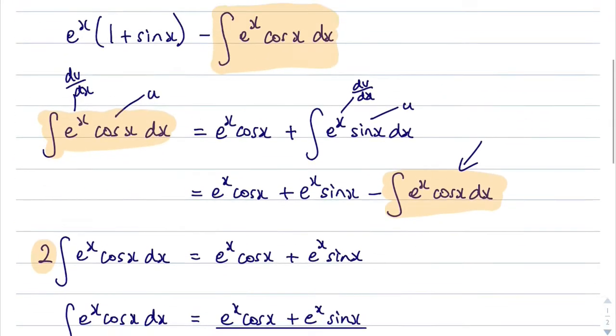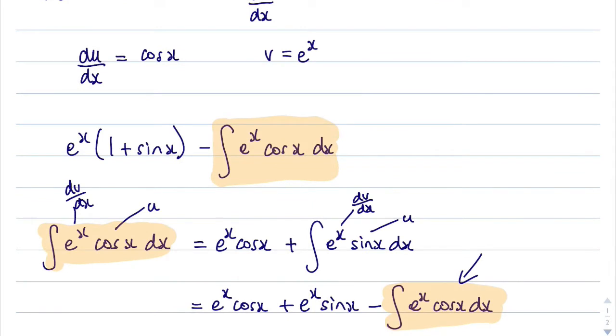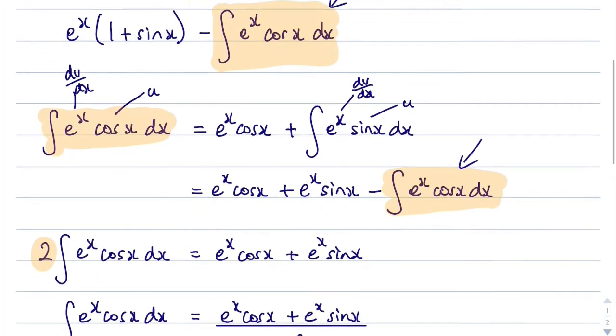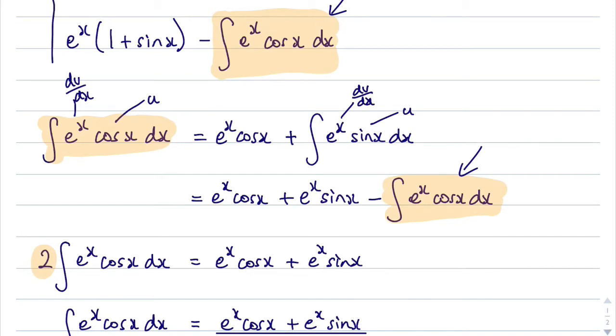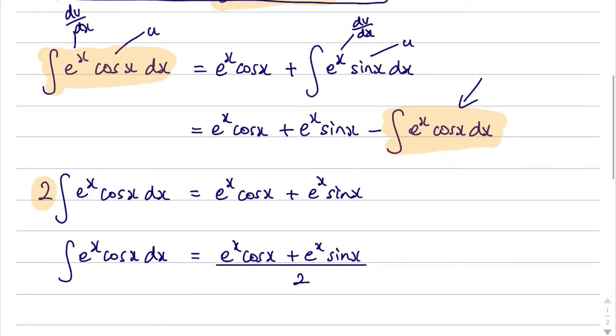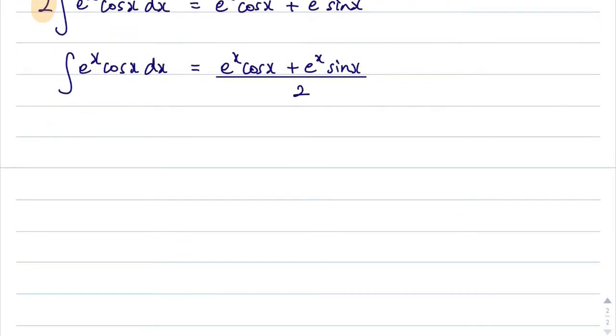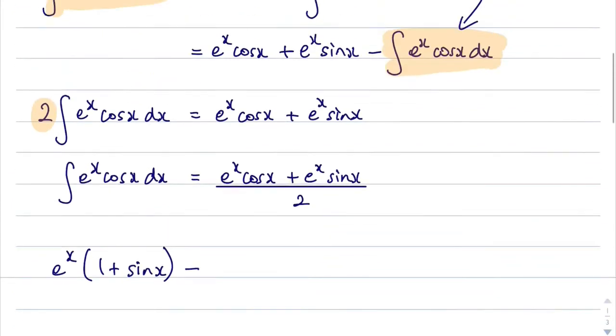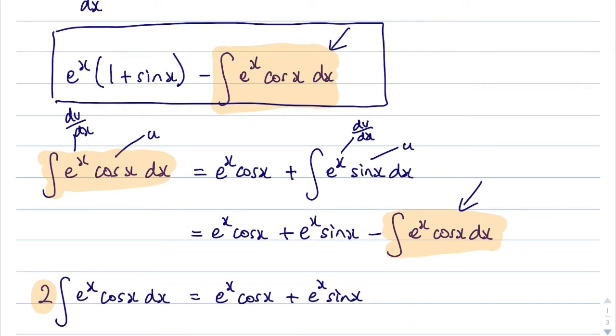Okay, so what we were working with is this thing here. We have to take the whole thing, all of this, and we're going to use that. So we've got e to the x (1 plus sine x) minus the integral of e to the x cos x dx.